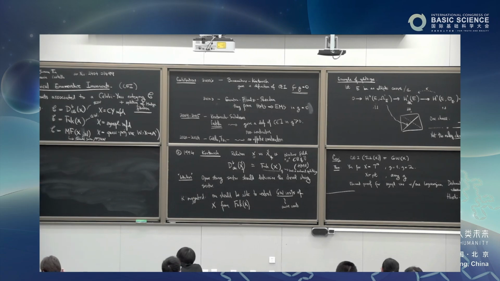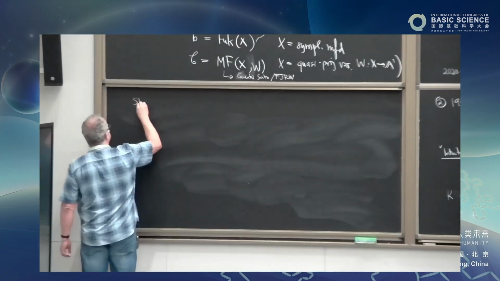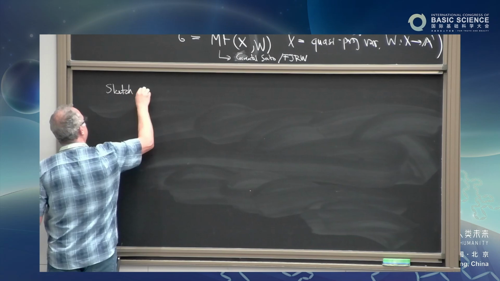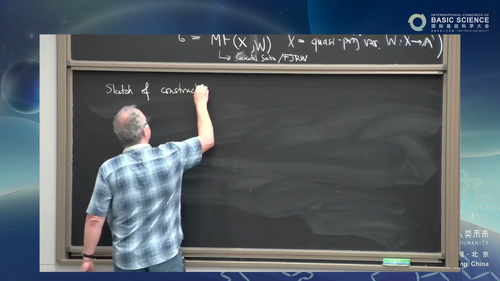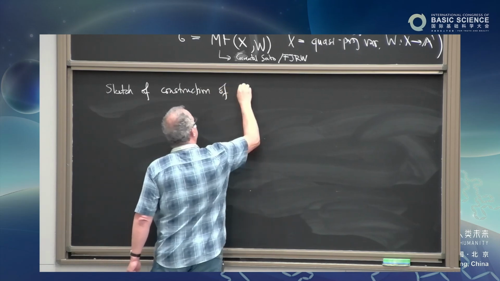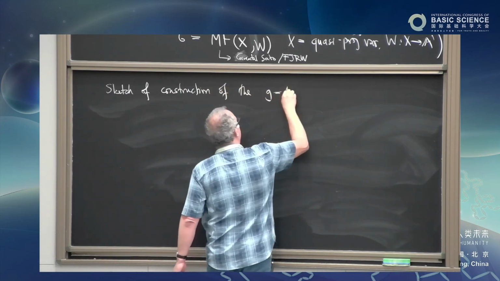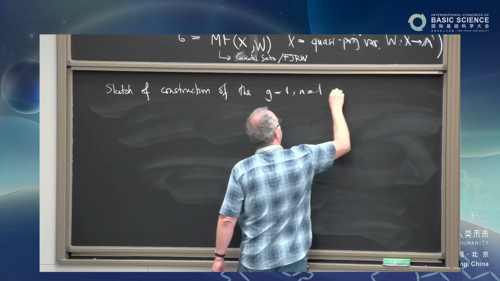So this is going to be a very brief sketch of the construction of the genus equals 1, n equals 1 invariant.